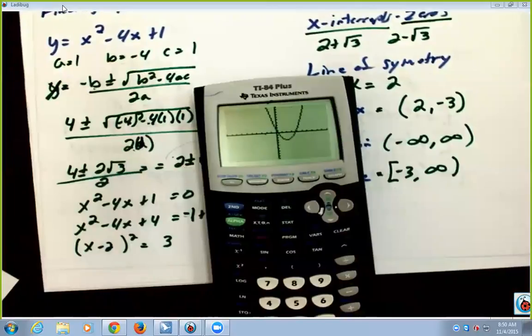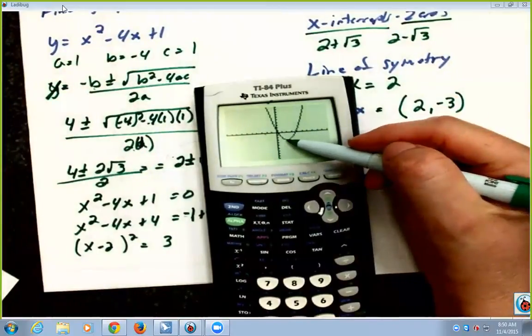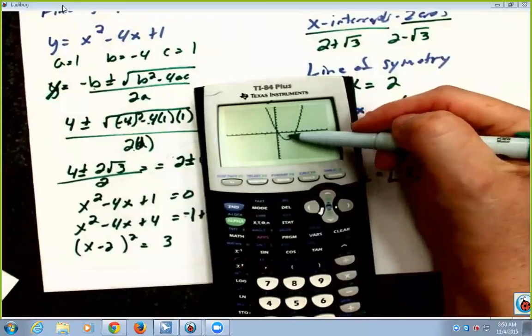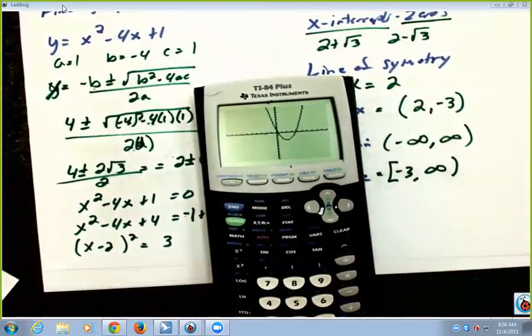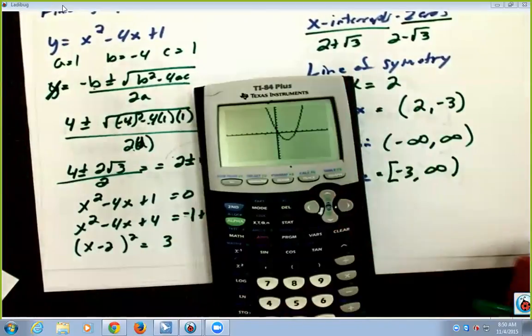So it gives me the idea of what stuff I've got happening here. So my zeros are right here, my vertex is down there, my line of symmetry is coming right straight down at 2, and I've got all the pieces that I need for that problem, okay?